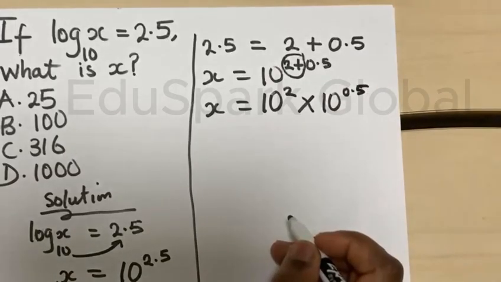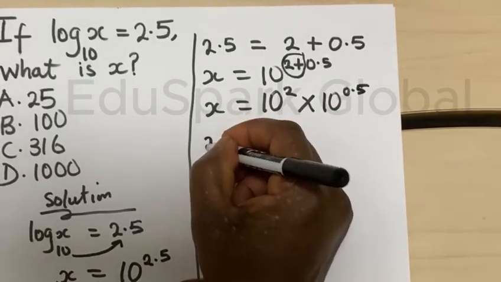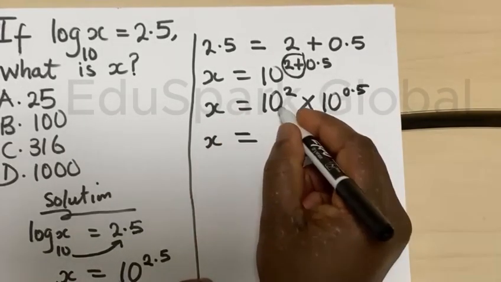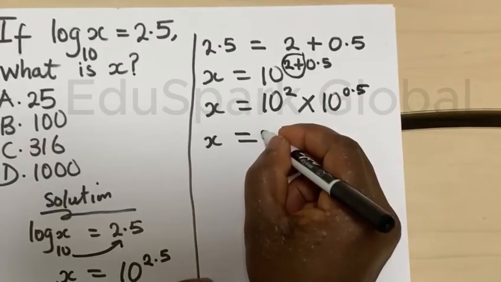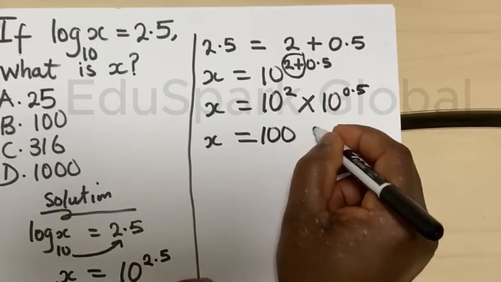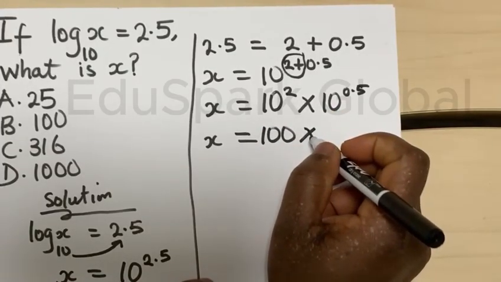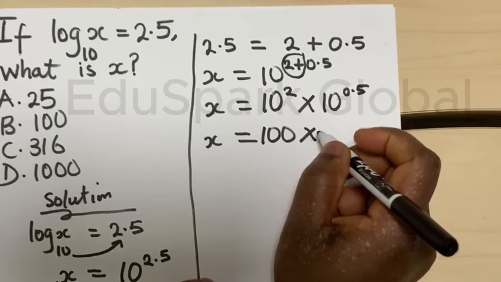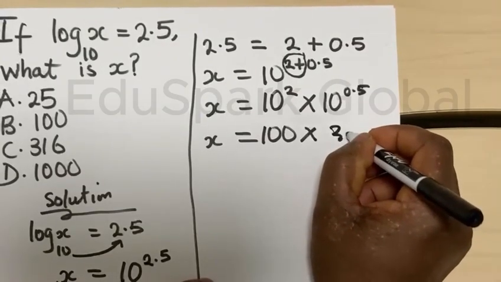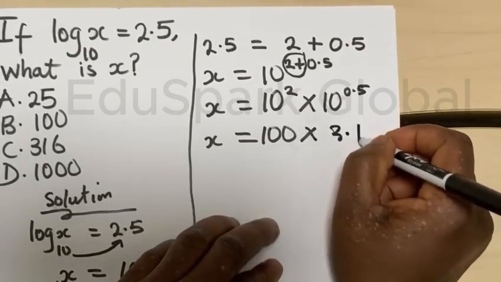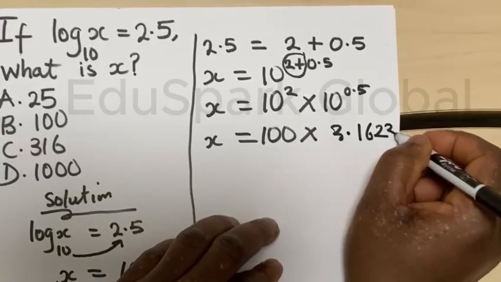0.5. So we have x equals 10 to the power of 2 will give us 100, multiplied by 10 to the power of 0.5 will give us 3.1623.